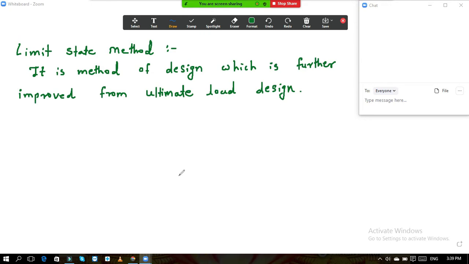Okay, so copy down this about the limit state method.